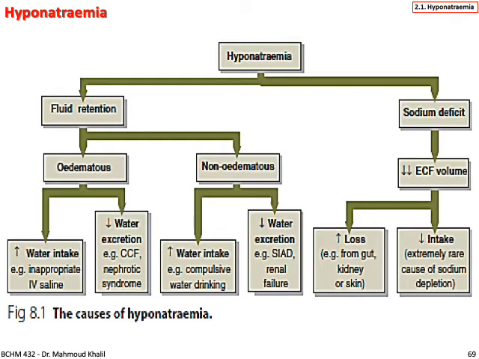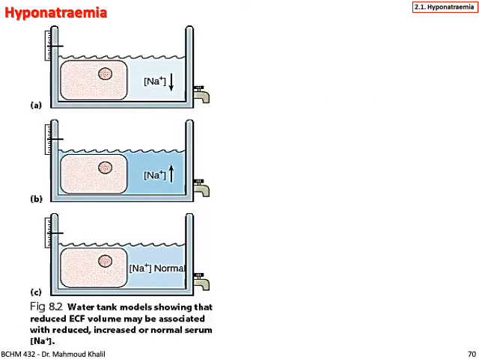The non-edematous is due to high water intake, meaning increased water drinking, or low excretion rate due to other conditions like renal failure. While the contraction of the ECF volume, which leads to sodium deficiency, may be due to the loss of ECF through the gut, kidney, or skin, or the low intake of sodium causing sodium depletion.